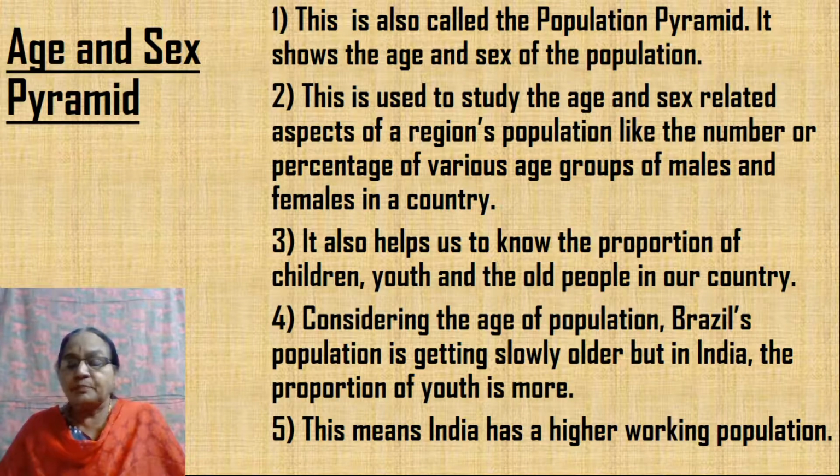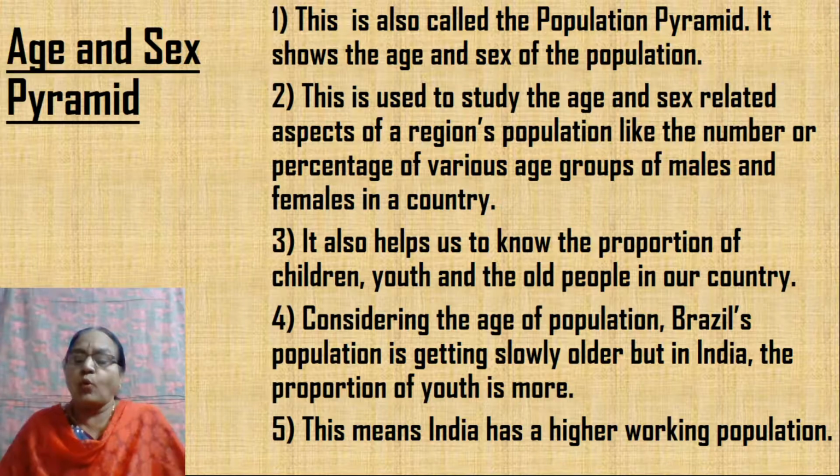For example, the percentage of children in the various age groups, that is below 14 years, between 15 and 59 years, and above 60. That is the percentage of various age groups of males and females in a country. This also helps us know the proportion of children, youth and old people in a country.